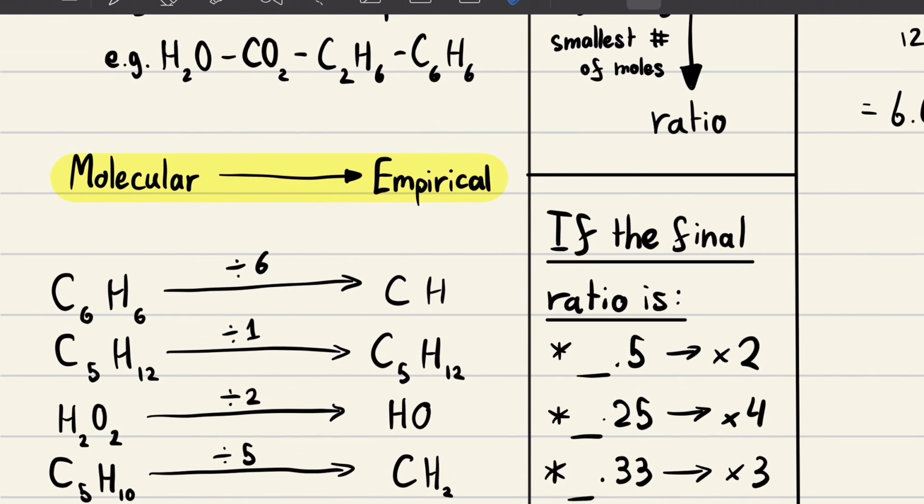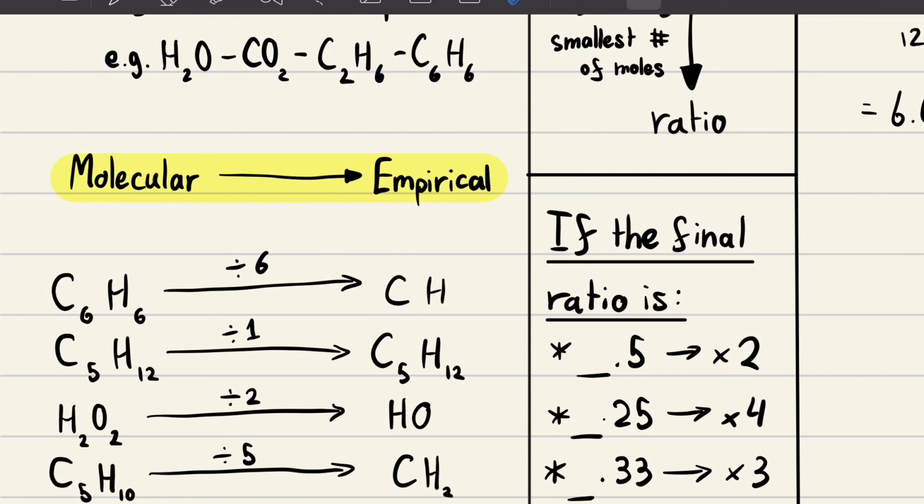Now, you might have already done this in class, but there's a conversion from molecular to empirical formula. As we said before, the molecular formula of benzene is C6H6. If you look at the ratio between the carbon and the hydrogen atoms, it's a 6-to-6 ratio.